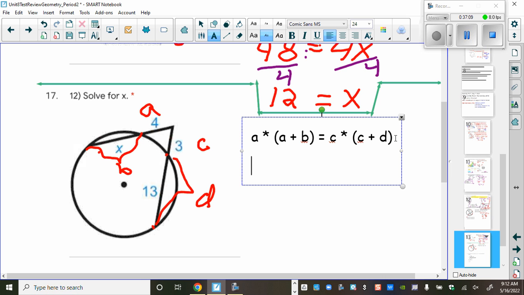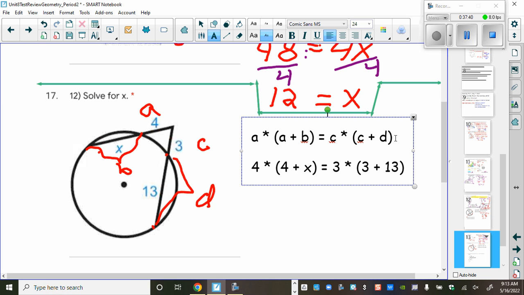Because our A value is, what's our value for A? A is 4 times 4 plus. What did we choose for B? What letter? So x. And then C is 3 times 3 plus 13.